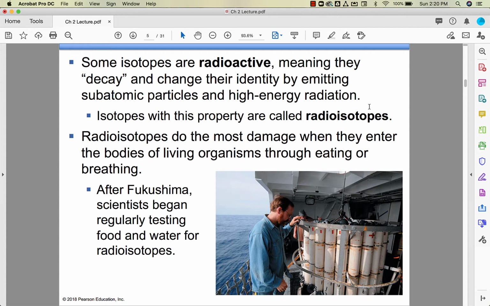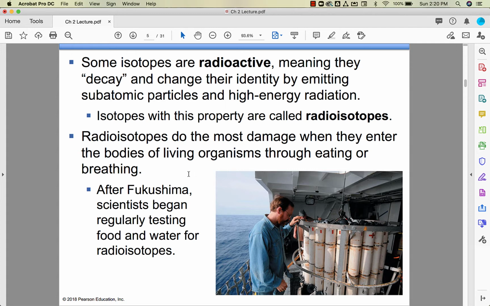Some of them are radioactive, which means they decay and change their identity. We've talked about that. They are most damaging when they enter living things, because those neutrons that pop off will wind up doing damage to tissues.